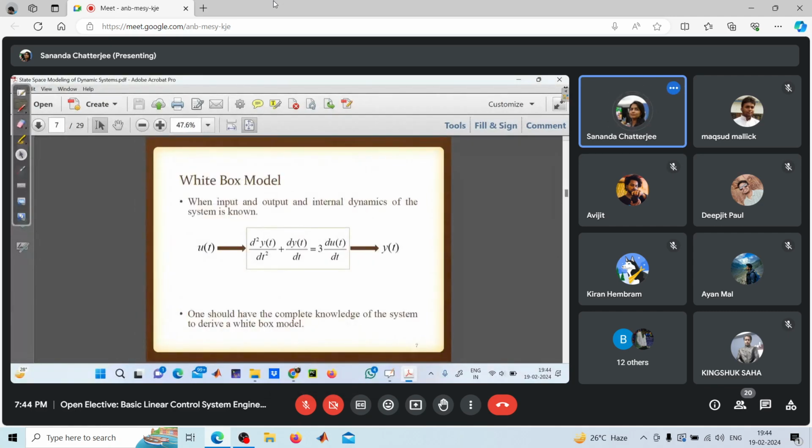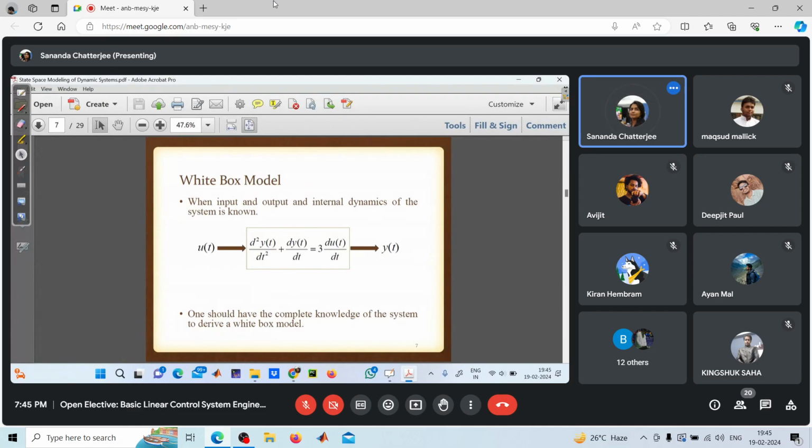What are these? The name itself suggests: in a white box model, the system is referred to as a box. If the box is white, that is, transparent, then you can see what the components inside that box are.